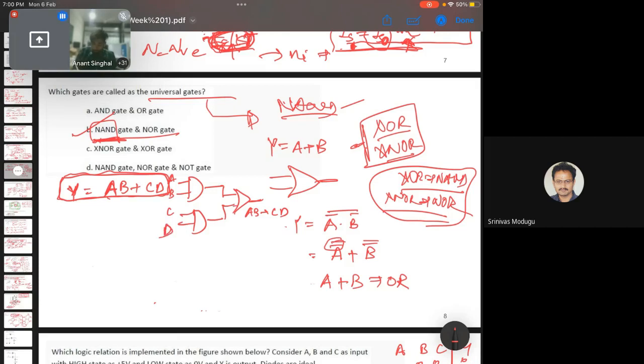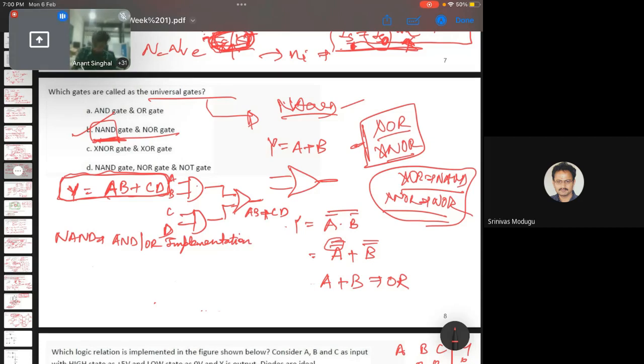Now we have to make something out of it so that we get all of these as only NAND gates. There is a shortcut: NAND is easy to implement when there is an AND-OR implementation.